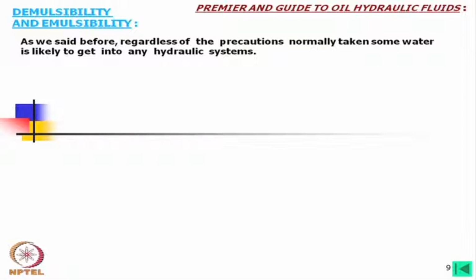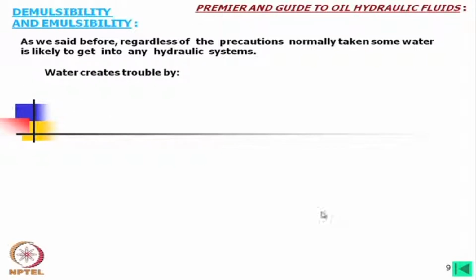Now, demulsibility and emulsibility, that we have to look into while we are selecting the hydraulic oil. As we said before, regardless of the precautions normally taken, some water is likely to get into any hydraulic system.